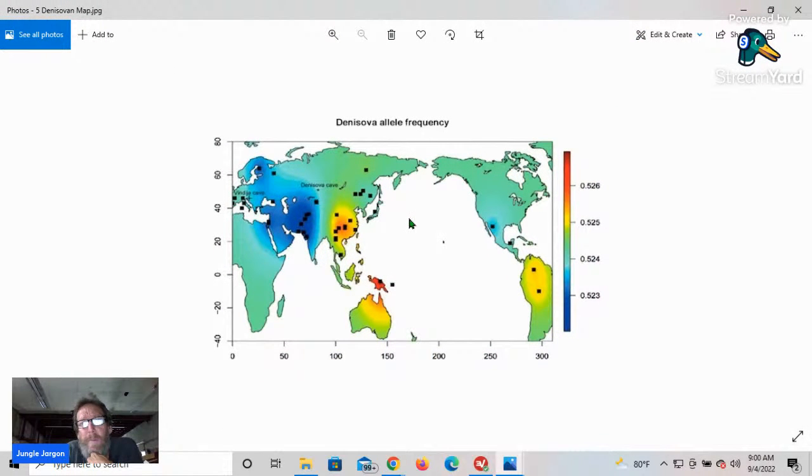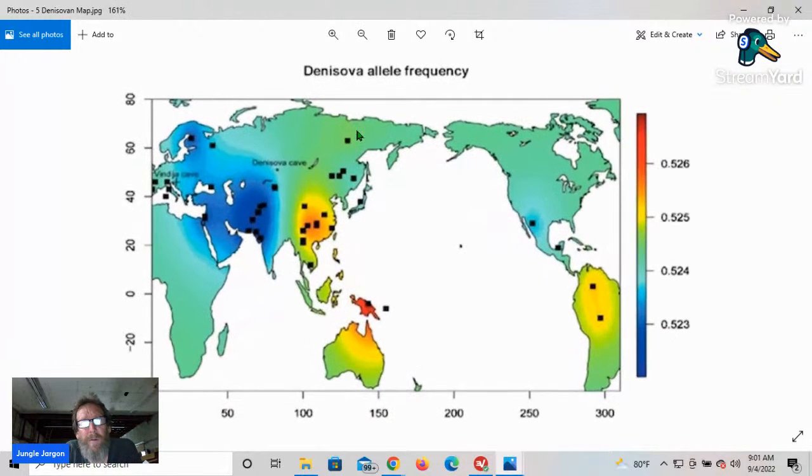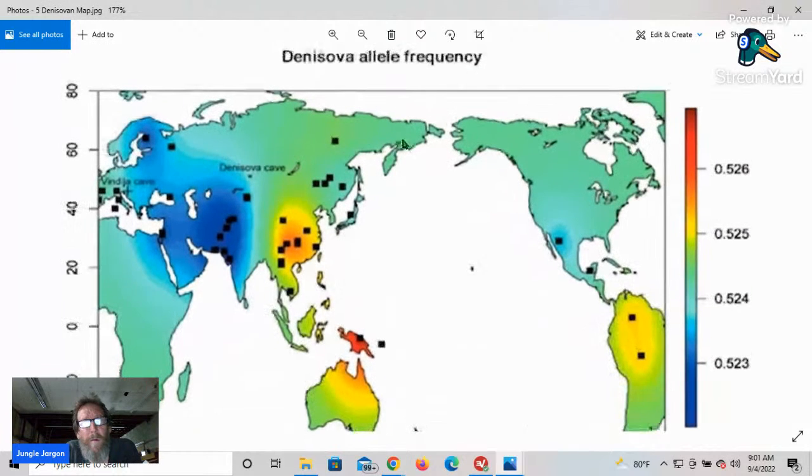Okay, I think this is a better illustration here of the Denisova allele frequency. This is the Denisova cave.